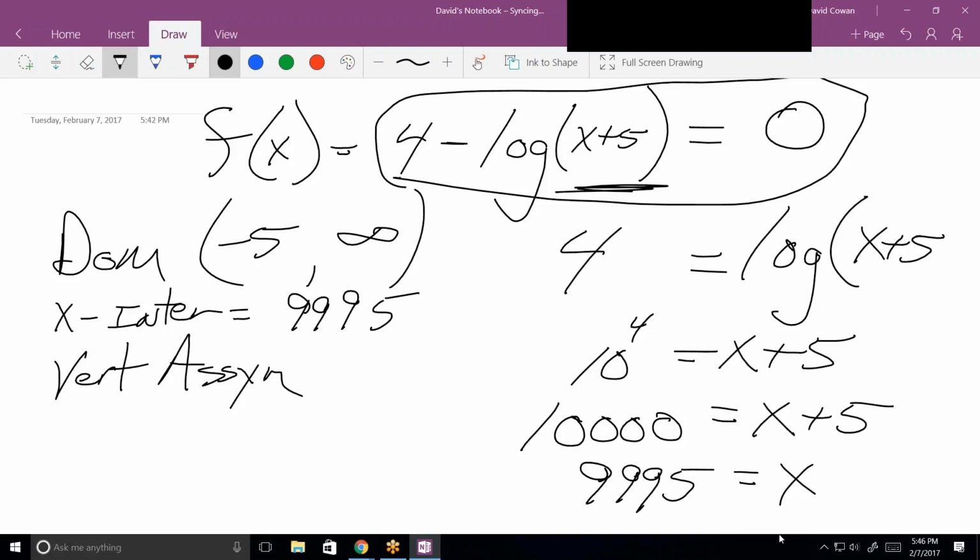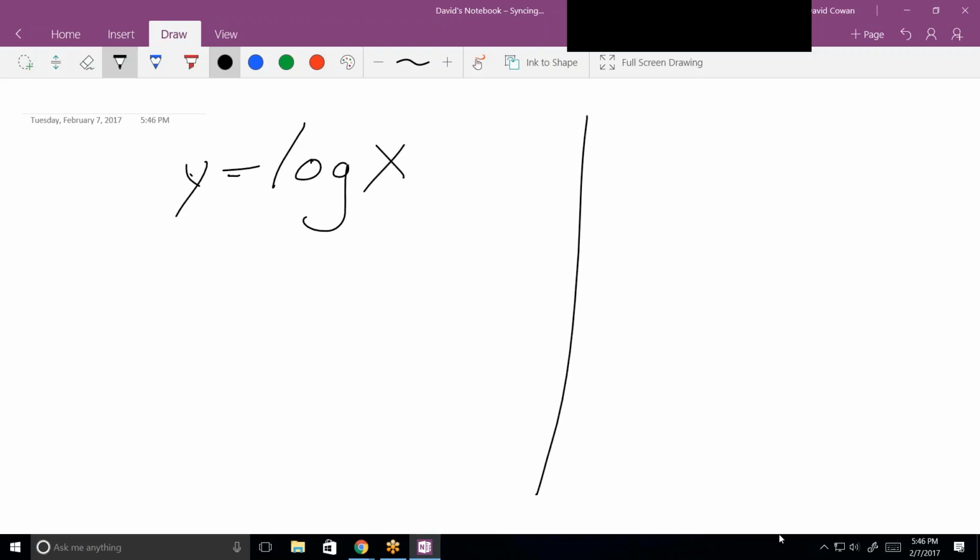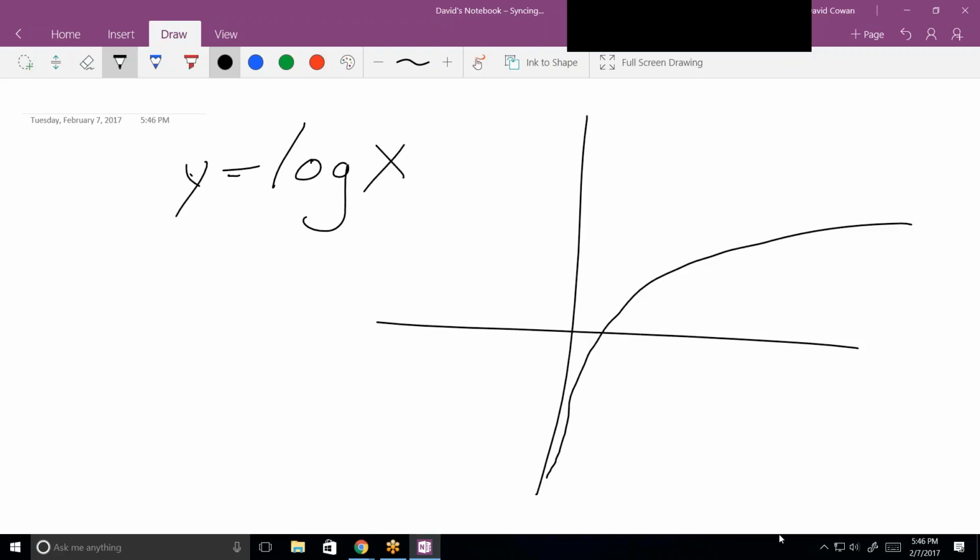Now, vertical asymptotes. Let's talk about the log function. If I said y equals log base 10 of x, and I wanted to graph that, it would graph like this, right? What's the vertical asymptote? x equals 0. Good.